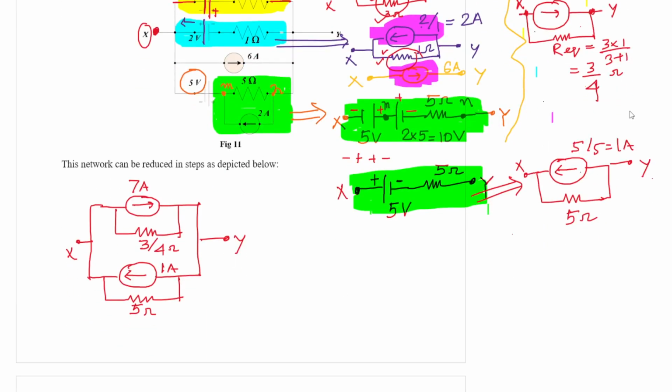With respect to the X and Y terminals, you see 7 ampere current is flowing from X to Y and 1 ampere current is flowing from Y to X. So the net current flowing from X to Y will be 7 minus 1, which is 6 ampere.